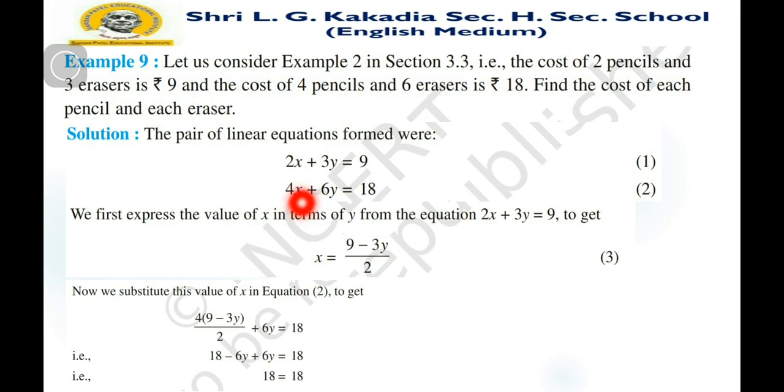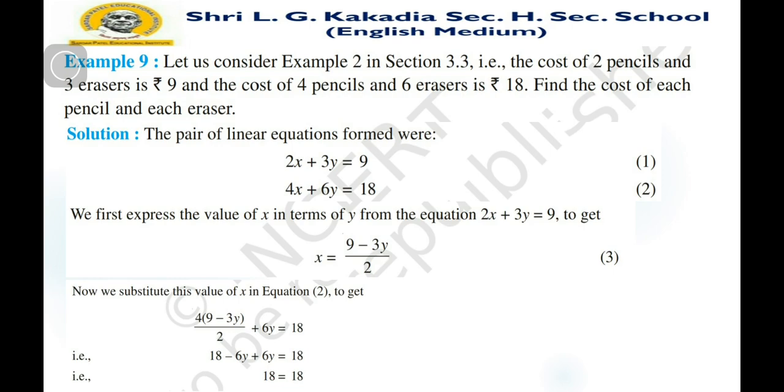Now we substitute this value of x in equation number 2, putting x is equal to (9 minus 3y) by 2. After solving, you can see that the y term is cancelling. Here minus 6y plus 6y, and we get 18 is equal to 18. But we cannot find the value of y.